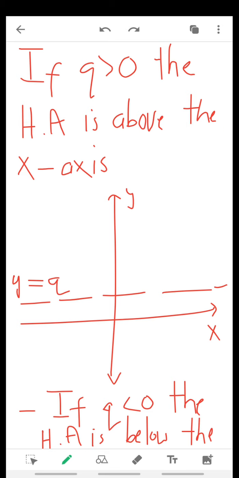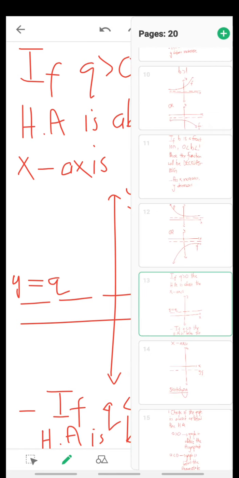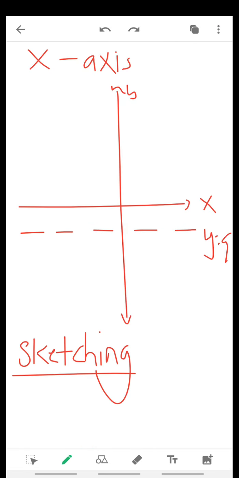Okay, since the value of q, the horizontal asymptote is positive, which will be somewhere there, then the horizontal asymptote will be above the x-axis, and you can see that. But also, if our horizontal asymptote is negative, the value of q is negative, then the horizontal asymptote will lie below the x-axis. Okay, and this is what we'll be getting there. All right, very, very important.